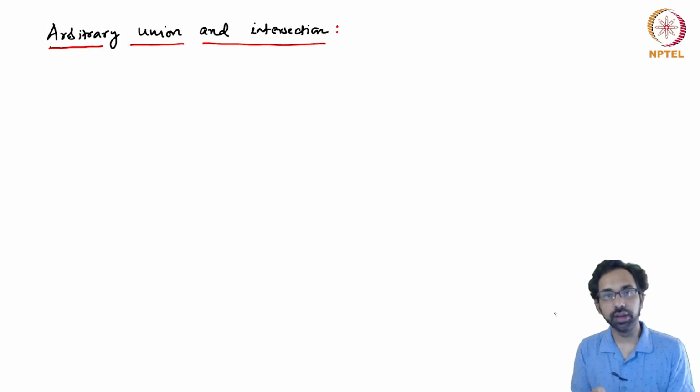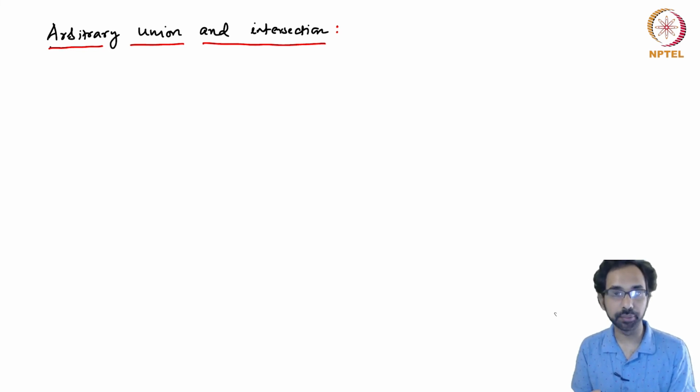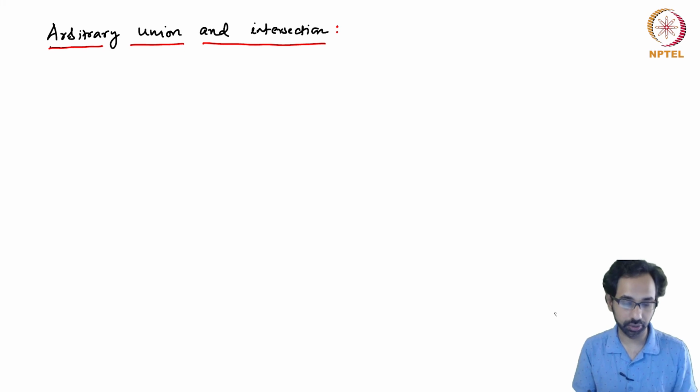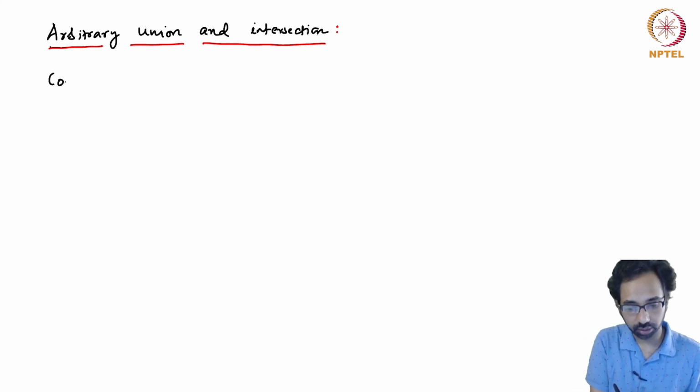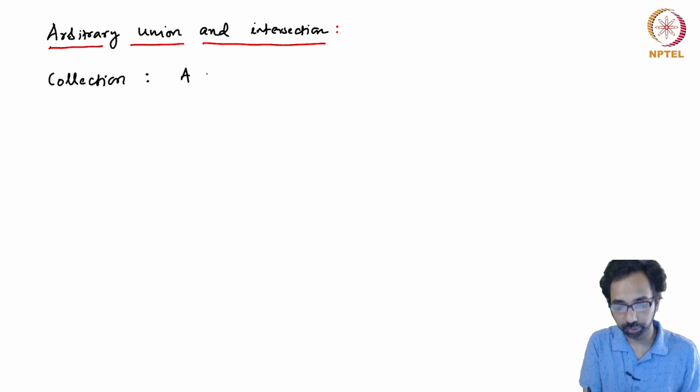Okay, now we have seen these set operations for two sets A and B, and let's talk about what are called arbitrary unions and intersections, and this is for many sets taken together. Okay? And we will call this a collection. So a collection is a number of sets taken together.